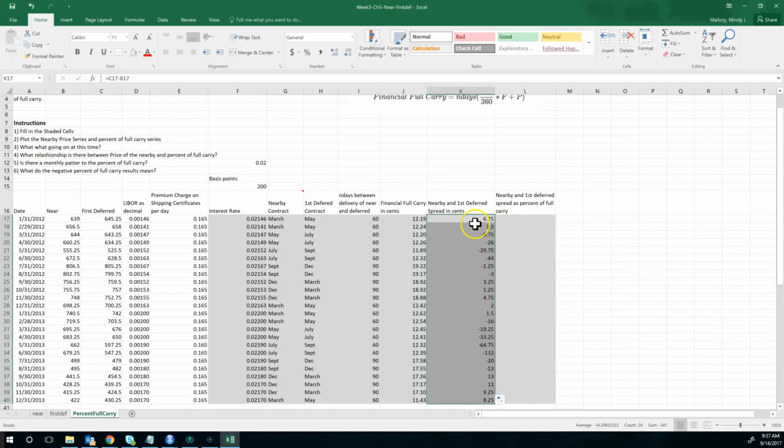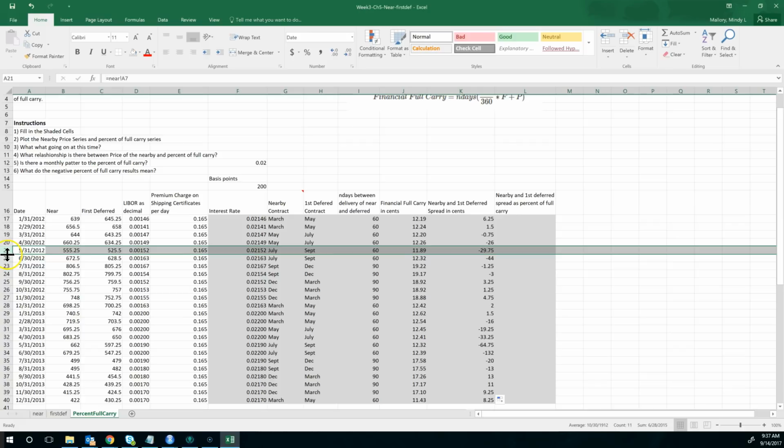And you can see right here by looking at the spread at a glance, we go from a positive spread to a negative spread at several points in this price series. And you probably guessed I chose 2012 as a year because there's interesting things going on in this year: we had a significant drought.